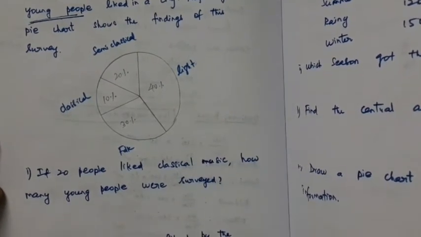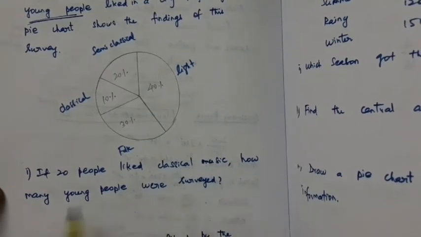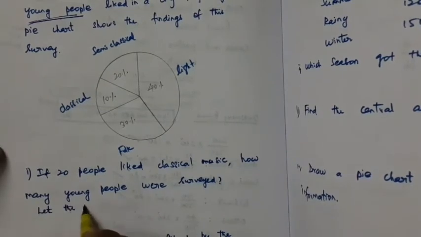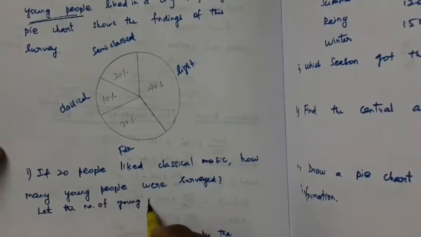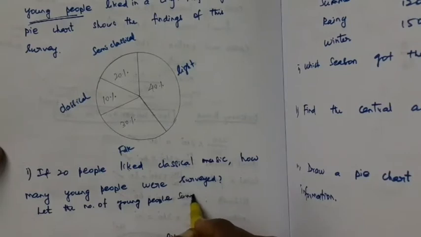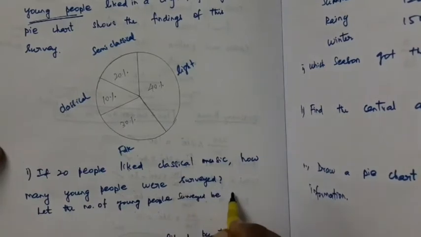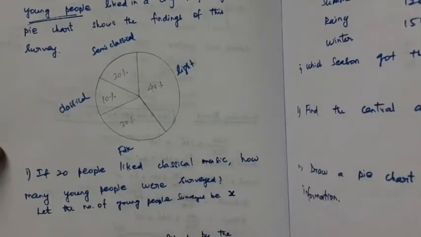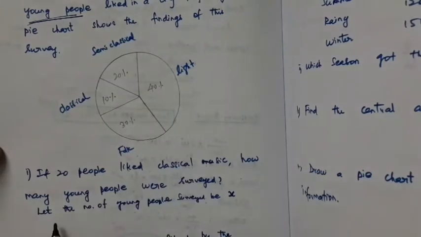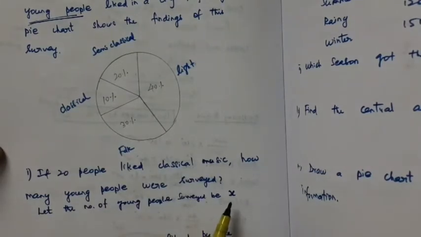So let the number of young people surveyed be X. They asked questions to X number of people and made this survey. So the number of young people surveyed is X.